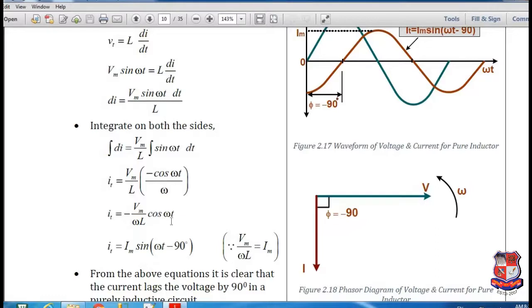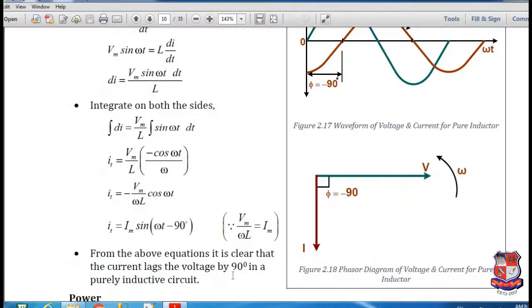Also we can write cos omega t as sin of 90 minus theta. Based on that we can remove the minus sign over here. So we can write i is equal to Im sin omega t minus 90, and Im is equal to Vm by omega L. From the equation it is clear that the current lags the voltage by 90 degrees in the purely inductive circuit.